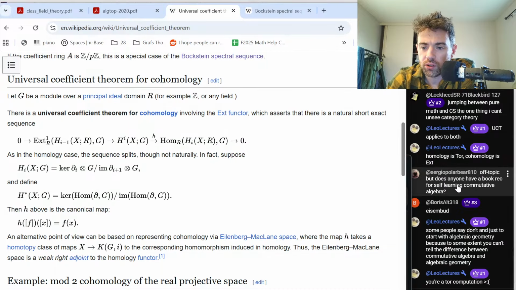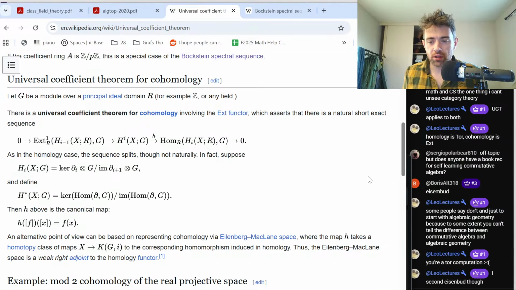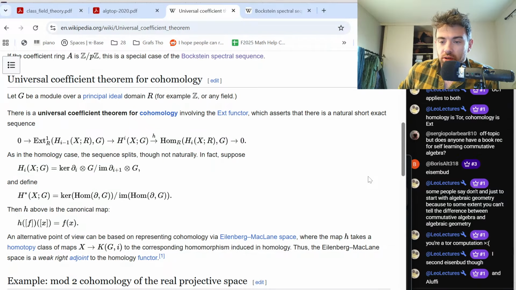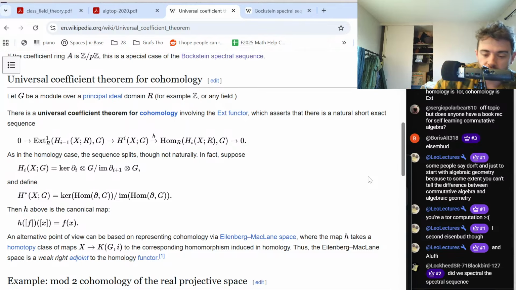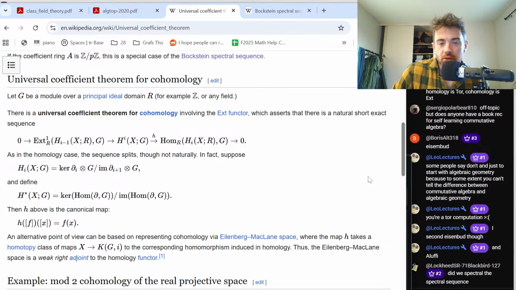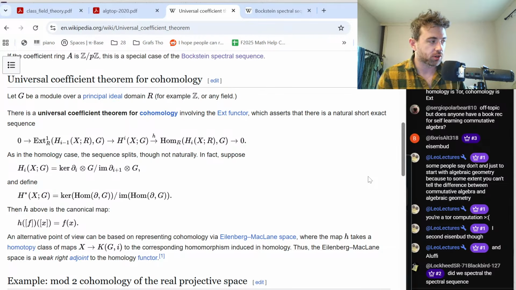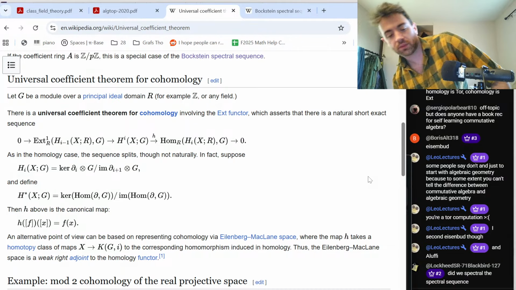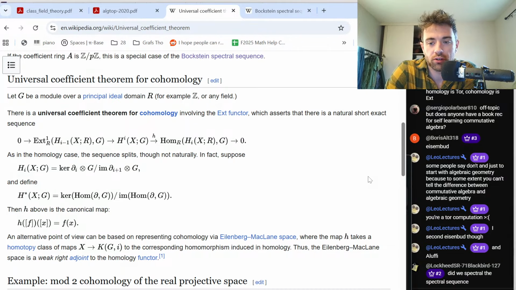Off topic, but does anyone have a book recommendation for self-learning commutative algebra? Depends on where you're starting from. Yeah, I mean, Eisenbud is pretty good. It's called Commutative Algebra with a View Toward Algebraic Geometry. So if you're looking towards algebraic geometry, do that. But where are you starting from?